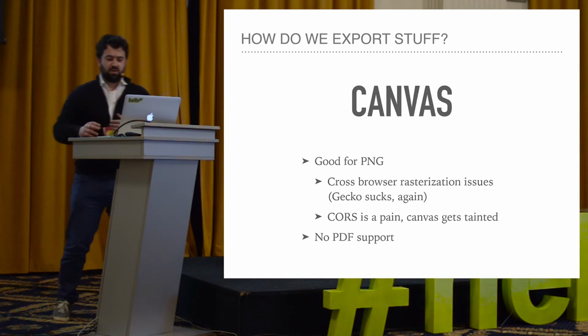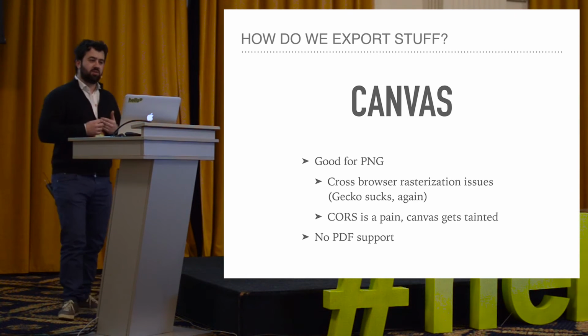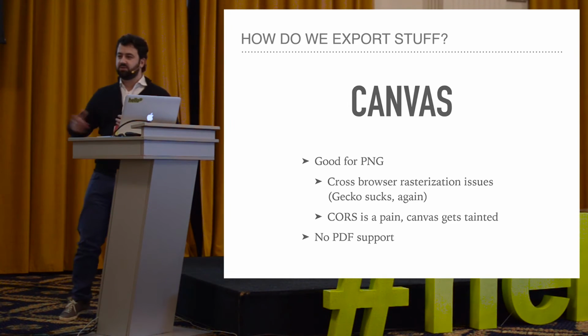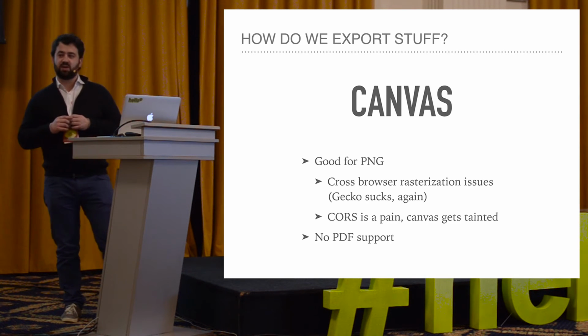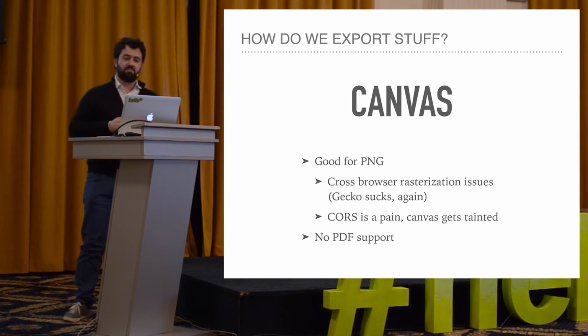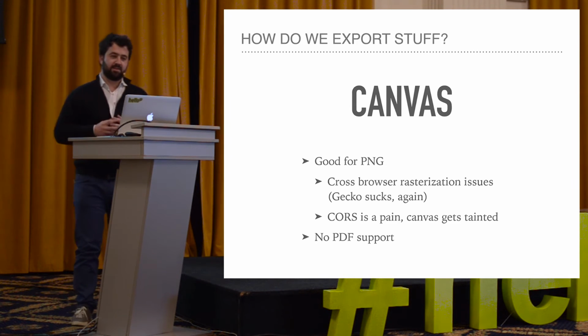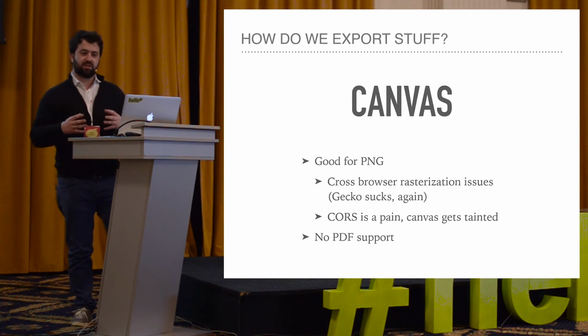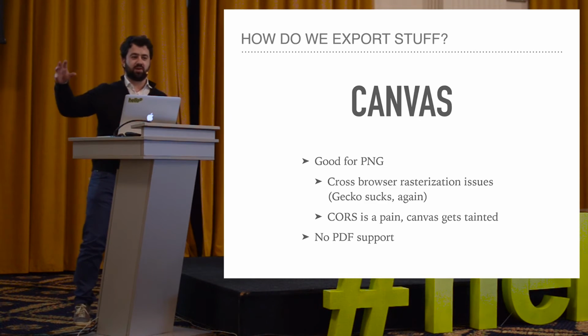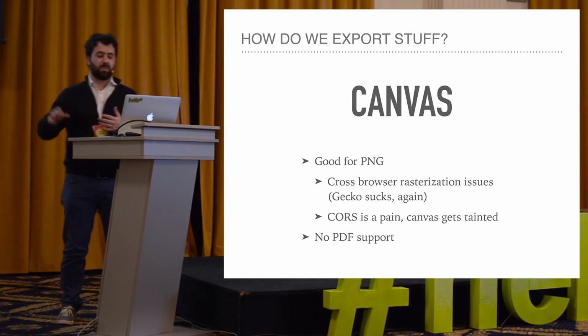So we looked at two possibilities. One is to do it with Canvas. There's this interesting function in Canvas called drawWindow. Basically it allows you to draw the contents of HTML inside Canvas and then get a data URL out of it, a blob, which you can upload later on.